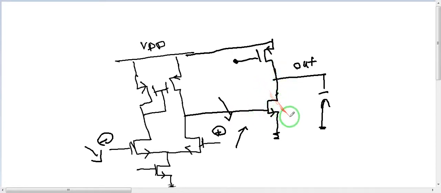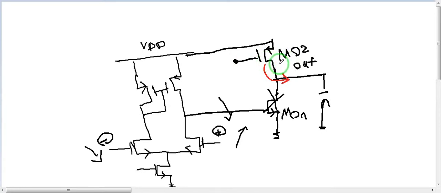Let's name that MO1, and MO2, O as output at the out. So when this one is off, MO2 is going to discharge the capacitor, and when charging, the charging will be limited to this bias over here, limited to the biasing of this transistor.